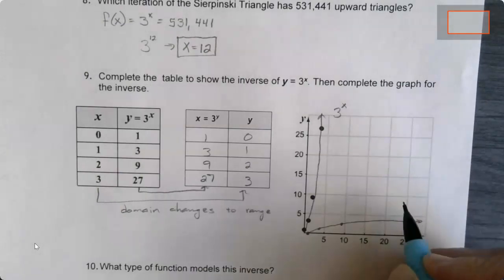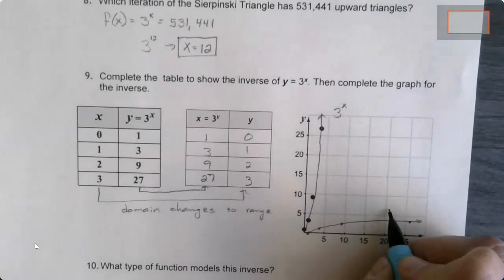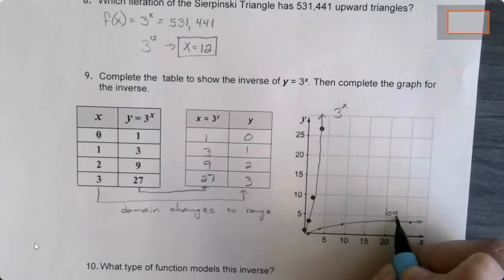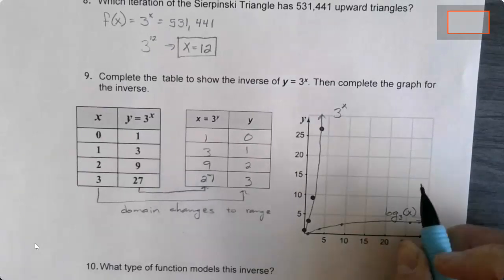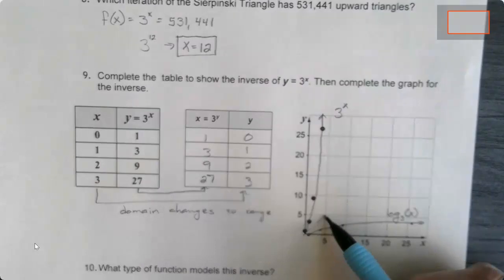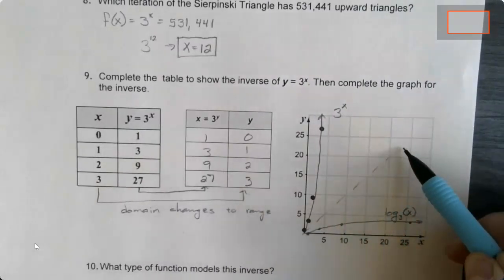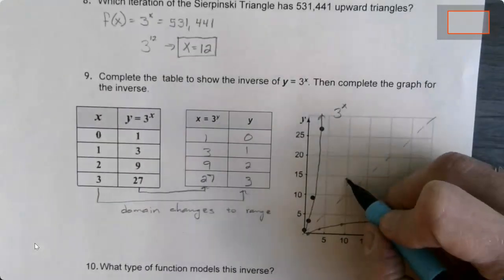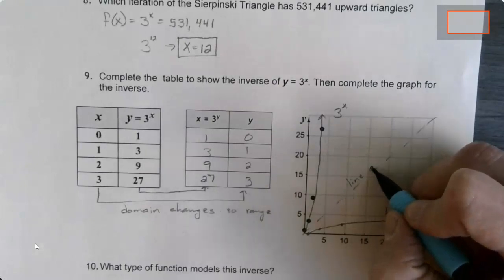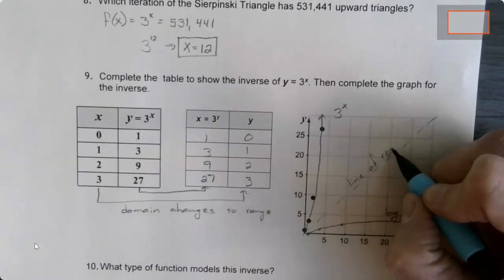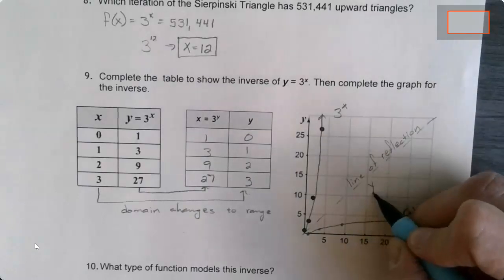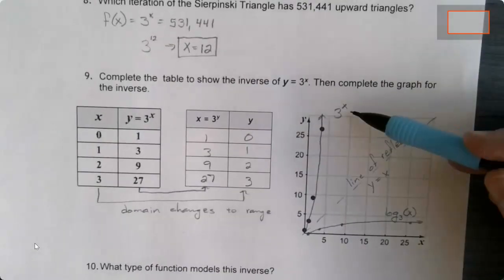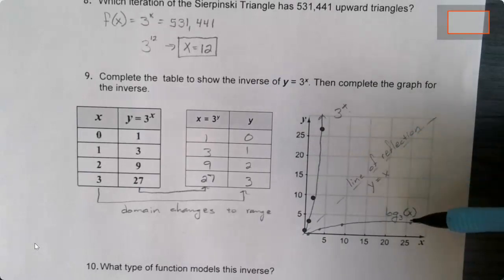We have our exponential, and this lower one is what we call a logarithmic. This happens to be a logarithm of x with a base of 3, with a lowercase subscript. And if I were to draw the dotted diagonal line, which is my line of reflection, I can see that the graph of the original function is in fact a reflection over that line to give me the inverse function.